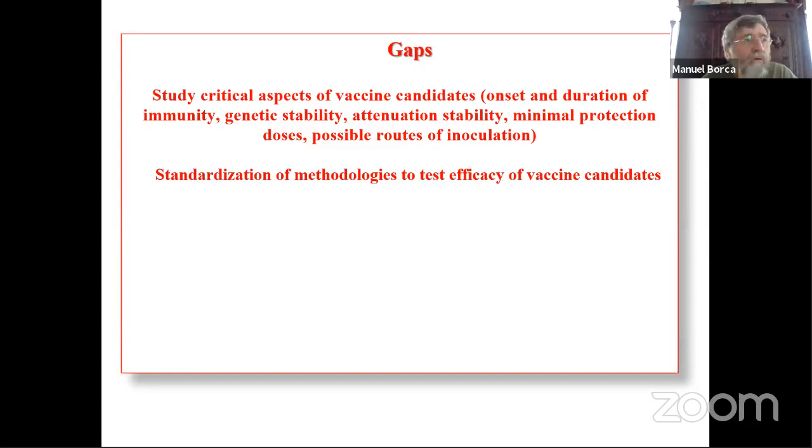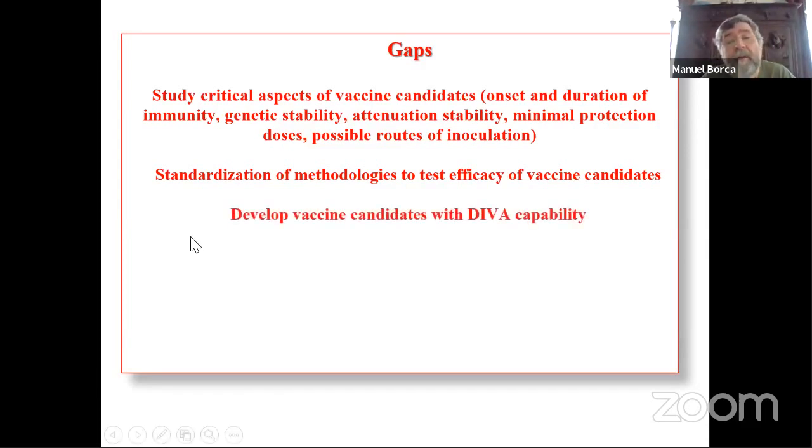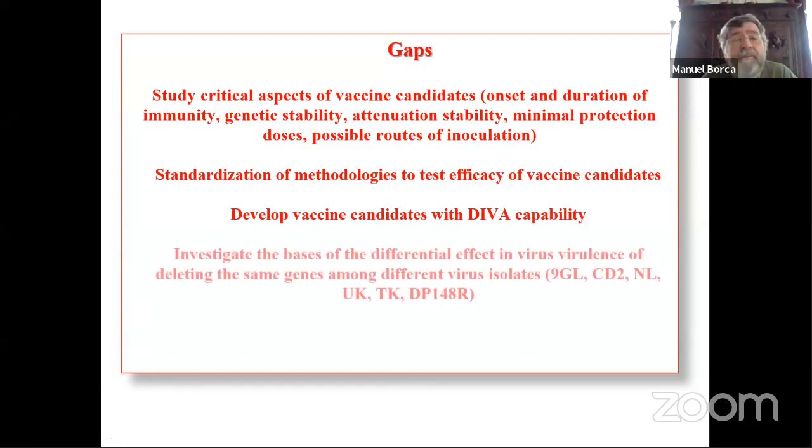There is huge heterogeneity in that, and I think that we should try to standardize that a little bit. I think it's time to start developing vaccine candidates that have DIVA capability. I think it's also important to start investigating the basis for the differential effect of deletion of one particular gene, even if the gene is very well conserved, when the deletion is made in different isolates.